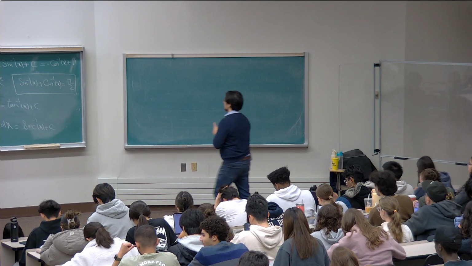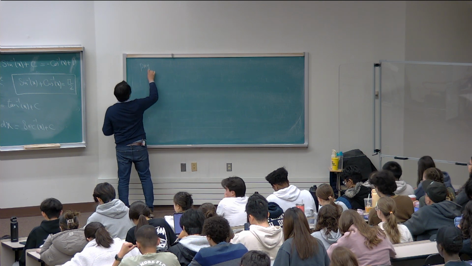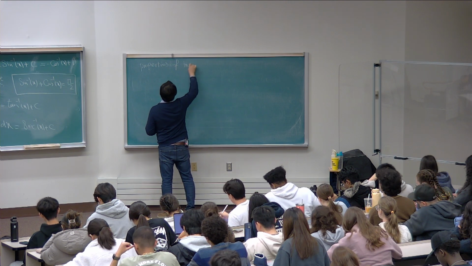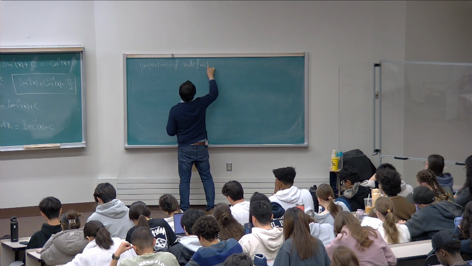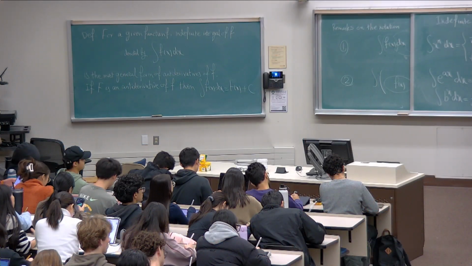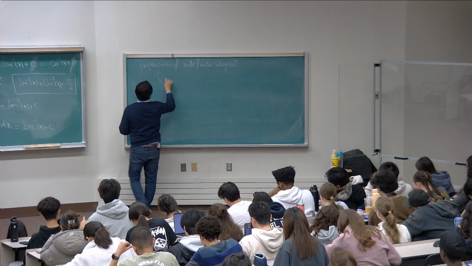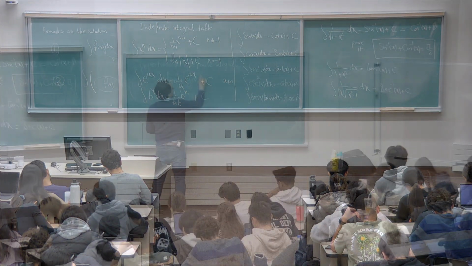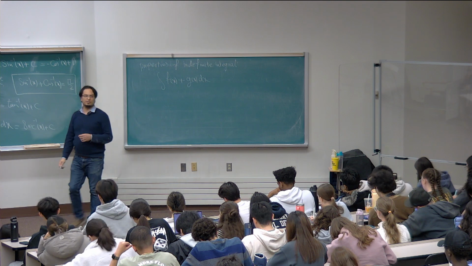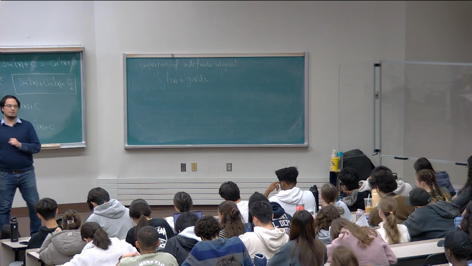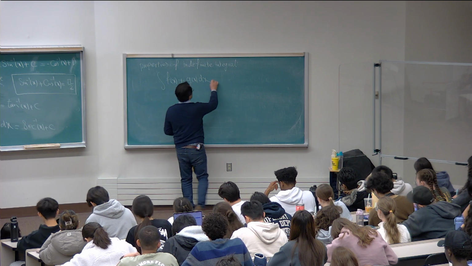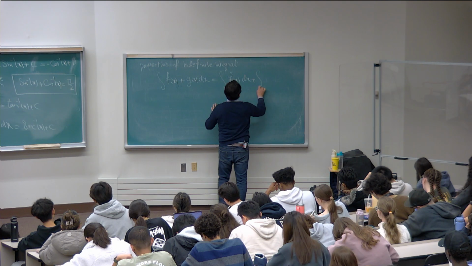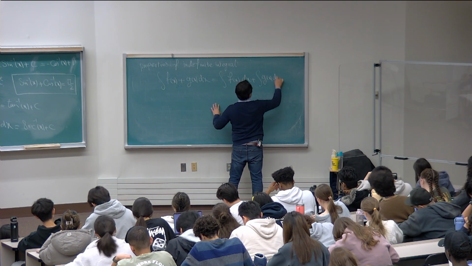But I will need to add two properties of indefinite integral. It says if you have a function f, another function g, and you're trying to find an antiderivative for the sum of these two guys, then you can go ahead, find the antiderivative of this one, and then add to it the antiderivative of the other one.